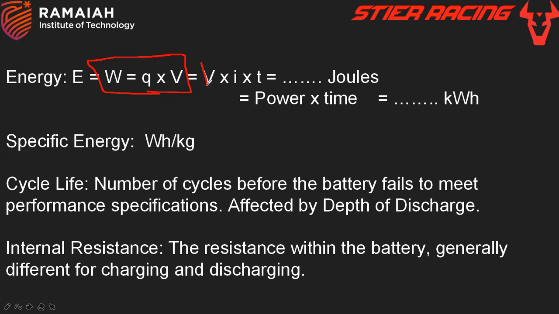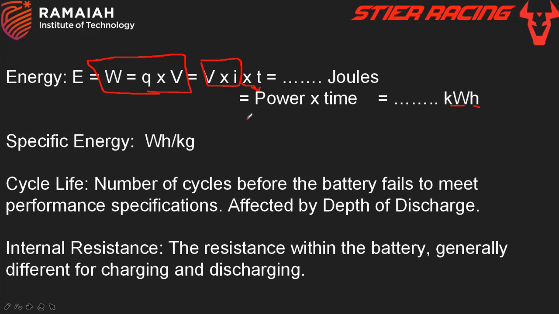We also know V into I is nothing but power: power equals VI. Power has a unit of kilowatt, and if I take time in hours, the standard unit is kilowatt hour. This will give me the energy stored in the battery, and this value gives us knowledge about the car's range.